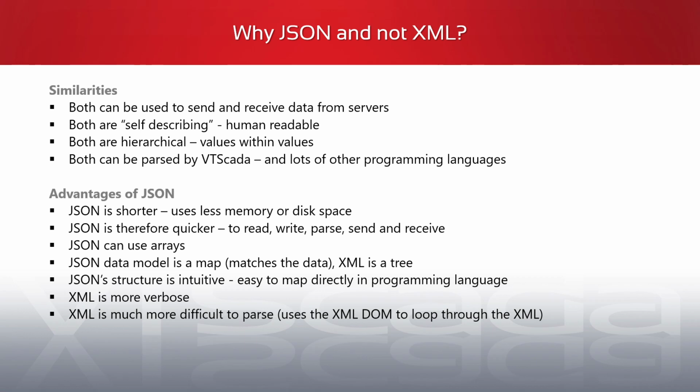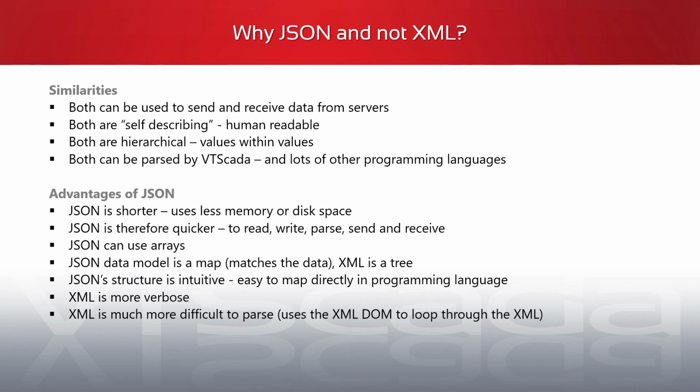Both are self-describing, which means you can look at a file and understand exactly what is within the contents of that file. Both are hierarchical, so they both possess the ability to nest structures to create hierarchies. And both can be parsed by VTScada and indeed lots of other programming languages.